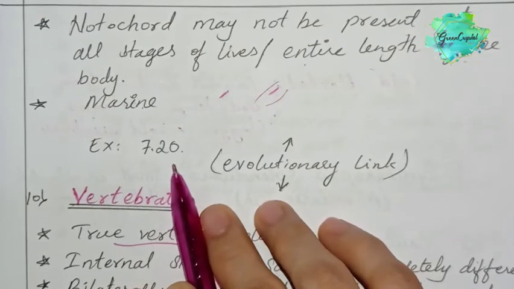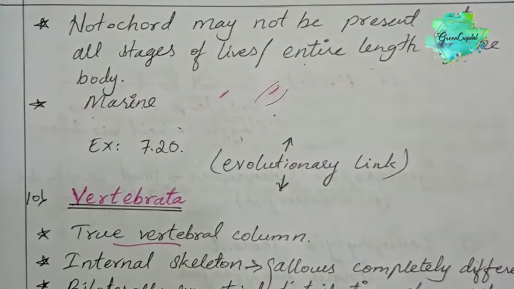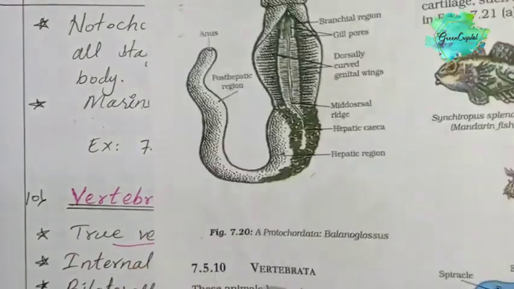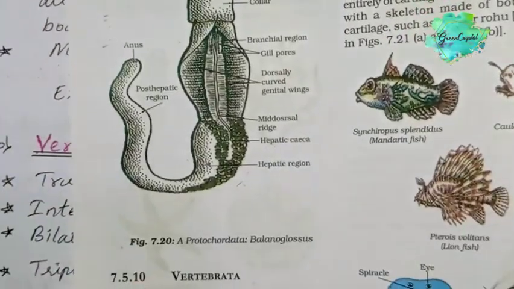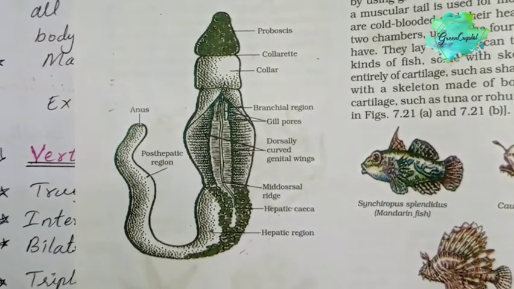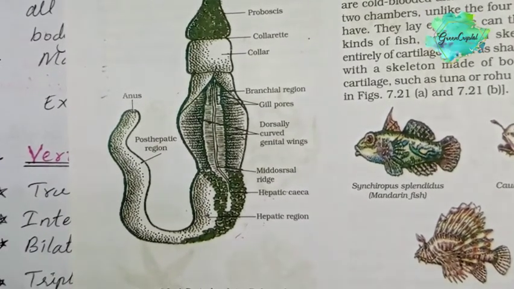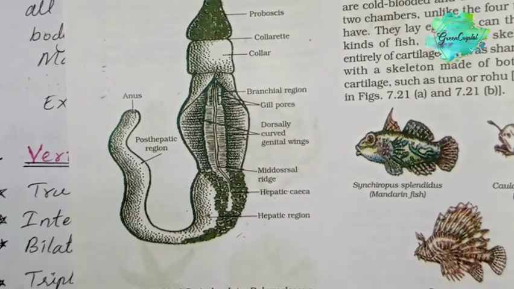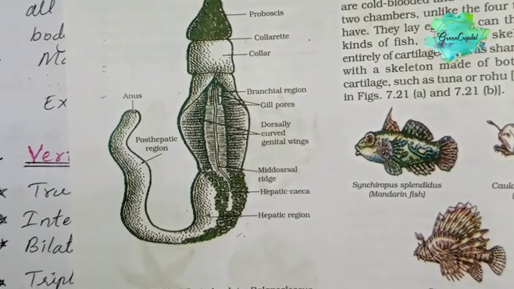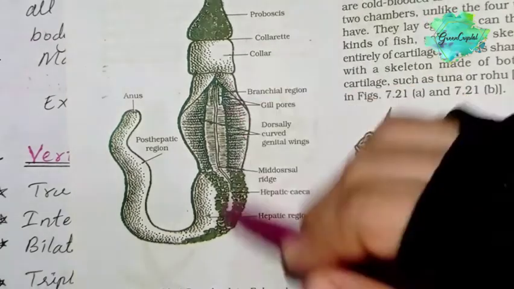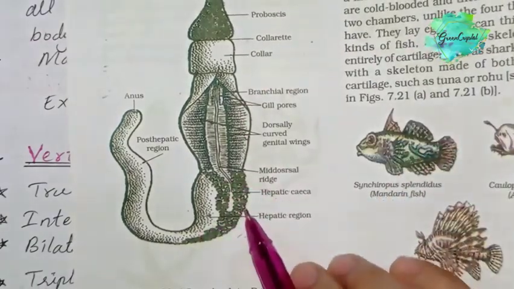Diagram 7.20. So this is the notochord. This is Protochordata, Balanoglossus. These are ocean dwelling, they live in the oceans.